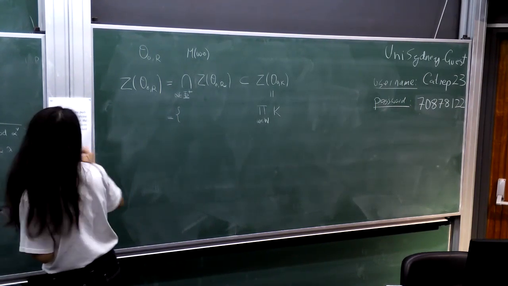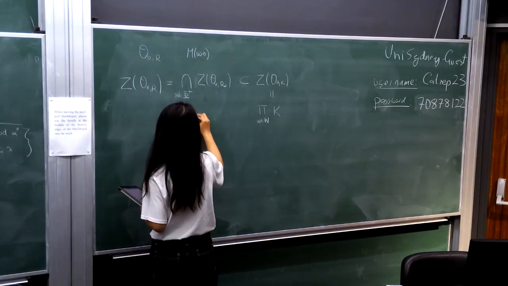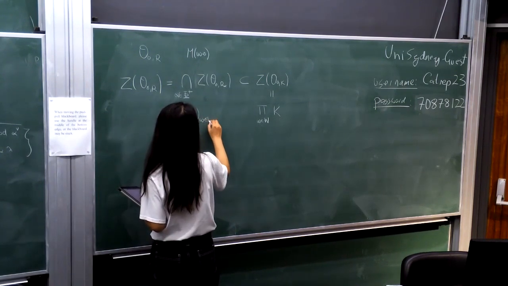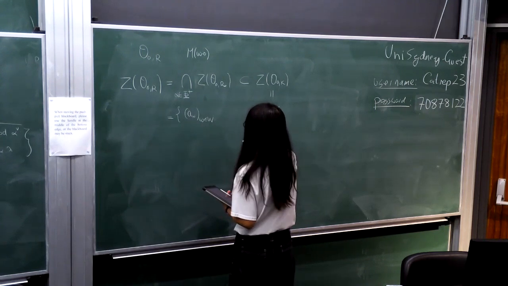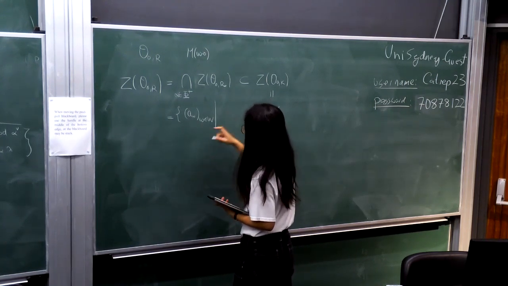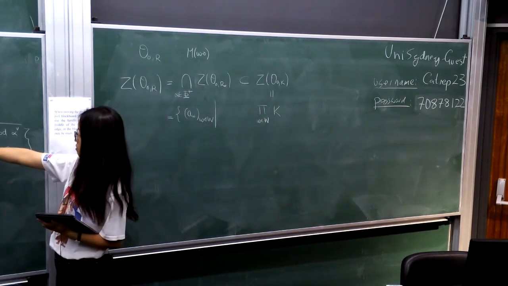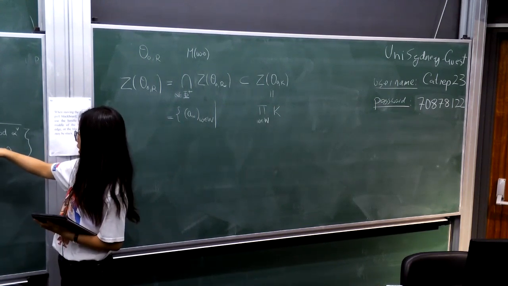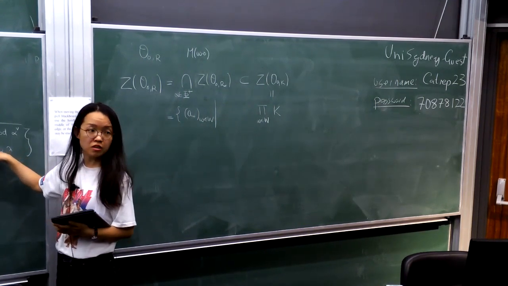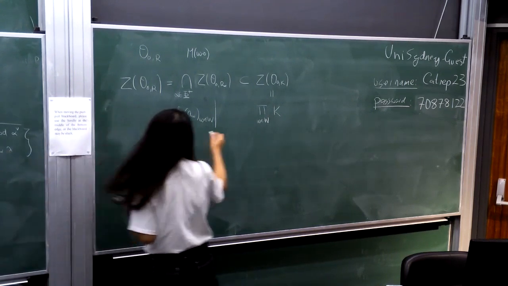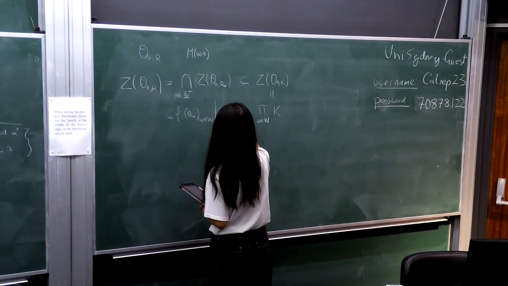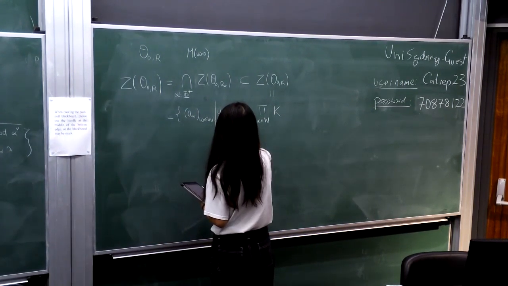So I just recorded them by AW for W belongs to W, such that AW dot zero is congruent to AX alpha dot zero. And so here you have AW is congruent to AXW.